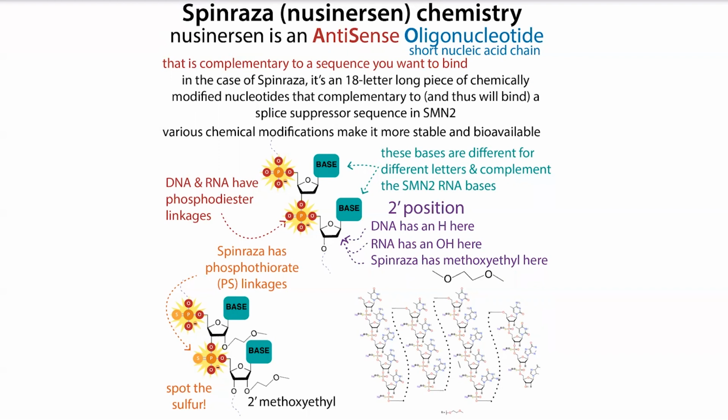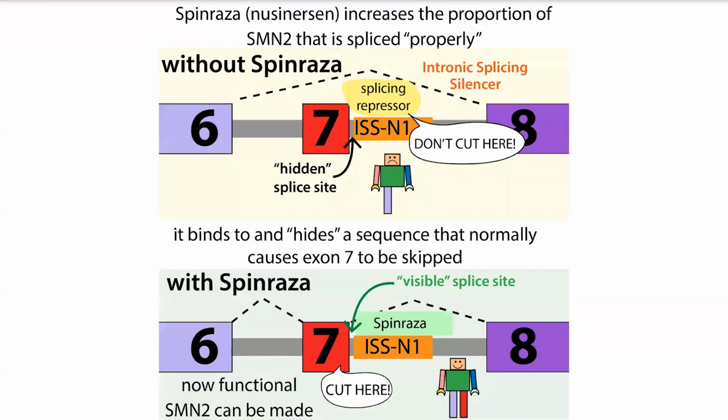We're going to look more into Spinraza later, but basically it binds to a sequence and that normally causes an exon to get skipped and causes it to be included instead, making a functional protein that can compensate for a protein that patients with SMA don't have.